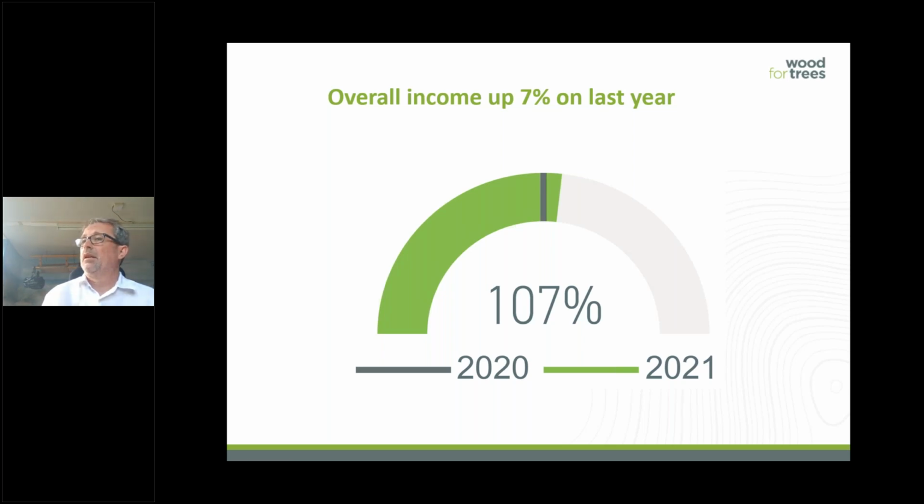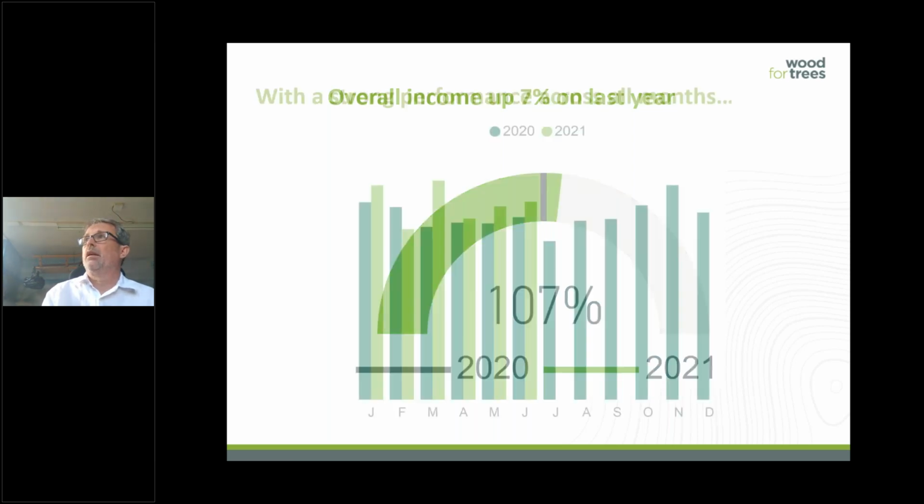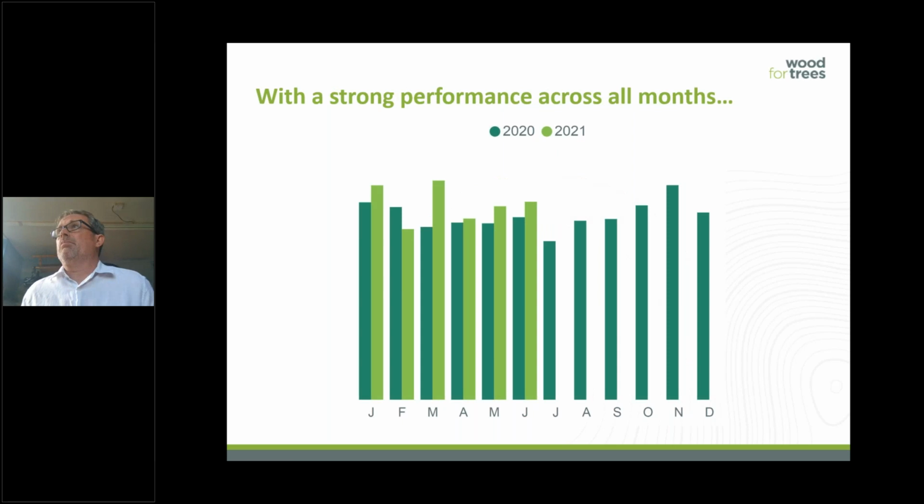So that's a great result, obviously reflective for some of you, less so for others. If we look at that on a monthly basis, we see there's been a strong performance across all the months of the first half of the year. Pretty much all of them are performing above levels of last year. It's interesting that it shows pre and post pandemic.